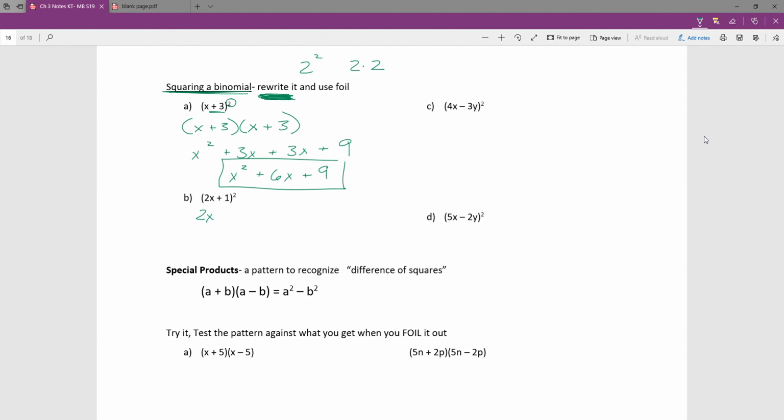And once you've rewritten it, there's nothing different in this than what we were doing on page one before here. So first, outside, inside, and last, and then writing it in simplified form by collecting those two like terms in the middle.